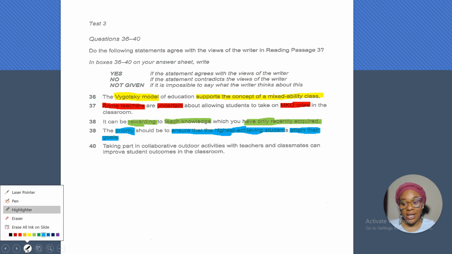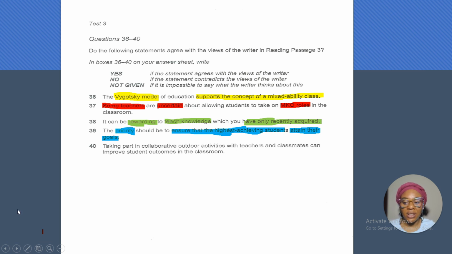So this question is talking about the priority and how it should be that the highest achieving students actually attain their goals. But on 38, it says it can be rewarding, so it feels good to teach knowledge which you have only recently acquired. That's what we're reading for.